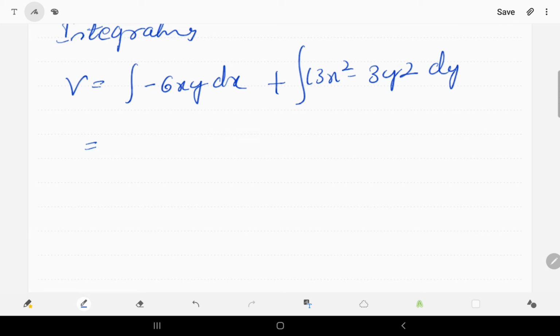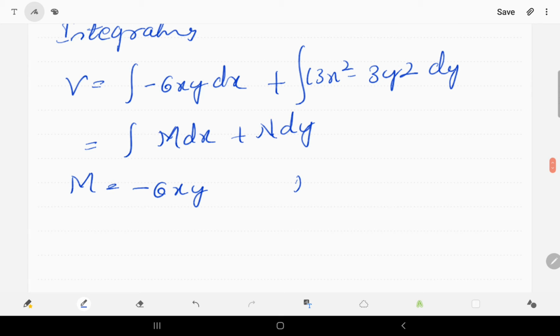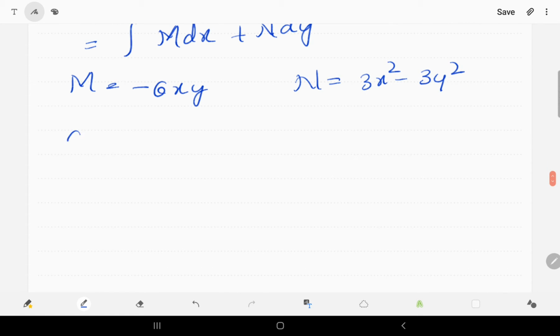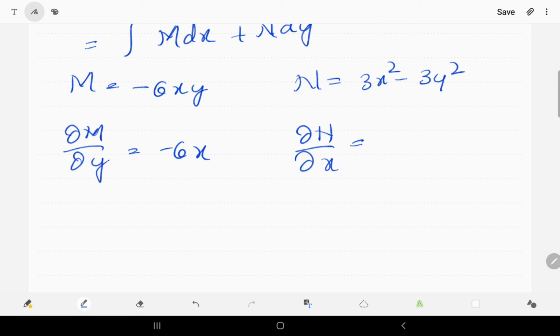So it is an exact equation, that is it is in the form of m dx plus n dy, where m is equal to minus 6xy and n equals to 3x square minus 3y square. So dou m by dou y is equal to minus 6x and dou n by dou x is equal to 6x.